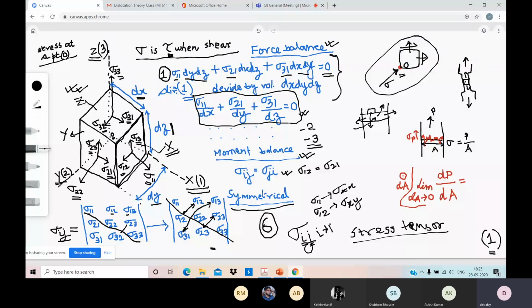On the other hand, j represents the direction towards which the stress is acting. So j is basically direction.